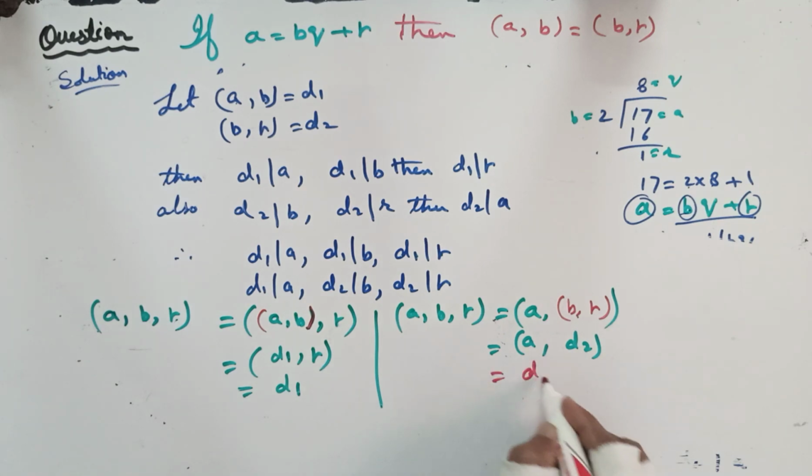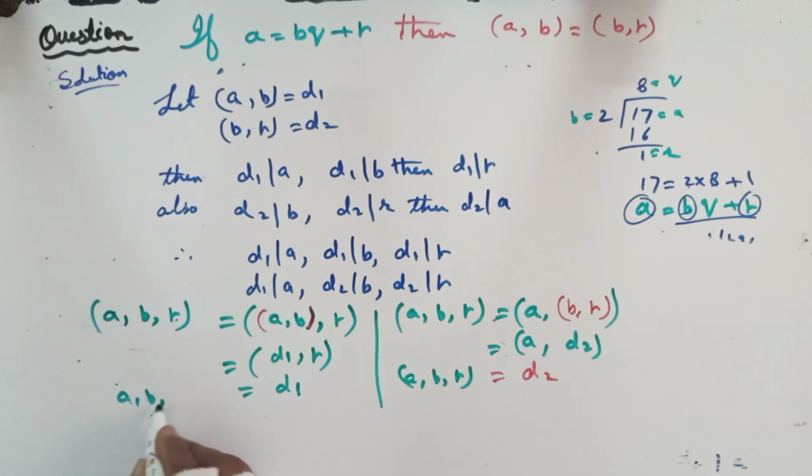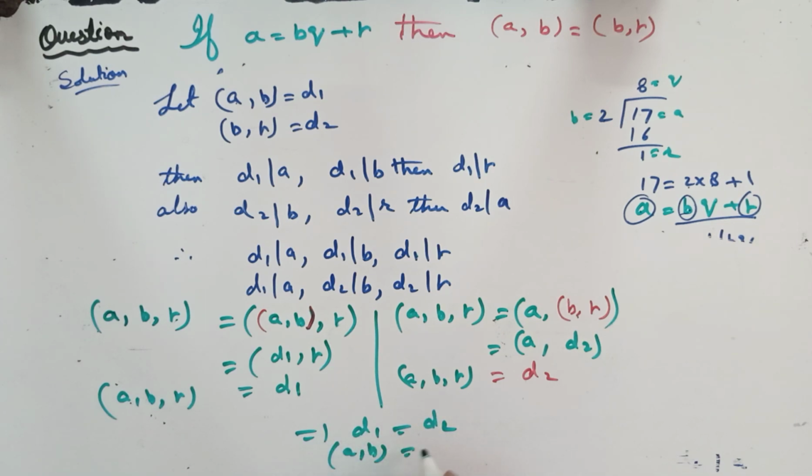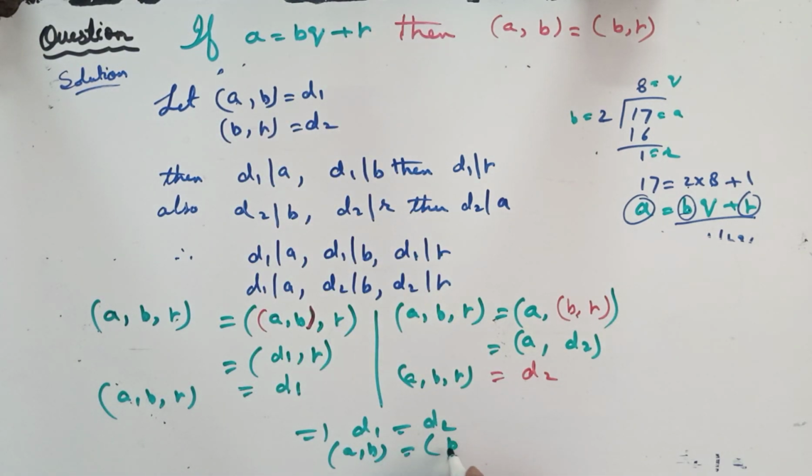What will our answer be? D2. Here the left-hand sides of both are equal, which implies D1 and D2 are also equal. It is our required result, because D1 is the GCD of A and B and D2 is the GCD of B and R.